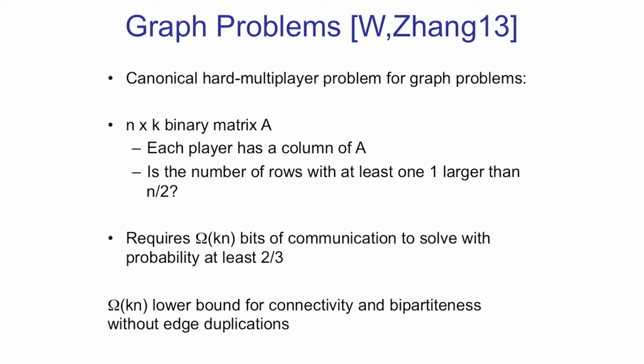There's a kn upper bound, because each player locally computes a spanning forest with n edges and sends this description to the coordinator, who checks if the graph is connected. And the reduction shows that kn is optimal. Also for bipartiteness, testing if a graph is bipartite, you can get a kn lower bound.